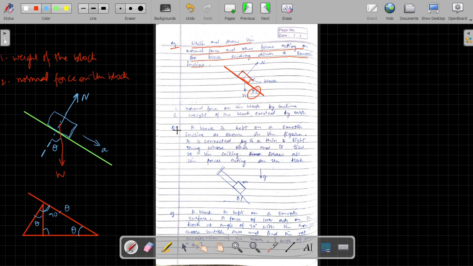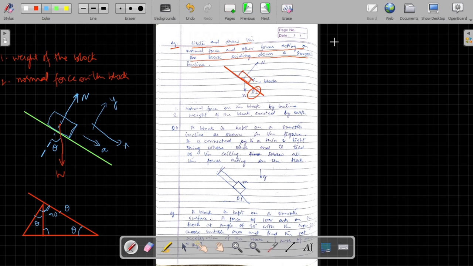This is because of the reason we discussed in the previous video: when we take one axis along the acceleration and the other axis perpendicular to the direction in which acceleration is happening, this gives us an advantage. The advantage is that along one of the axes the forces will balance out, so at least the RHS of the equation would have a value equal to 0. So let us see what happens here.